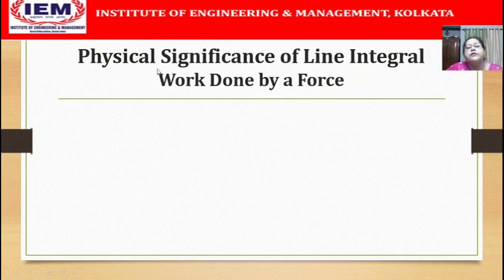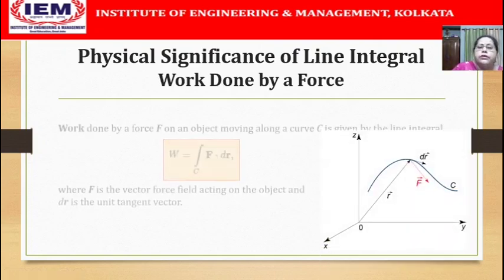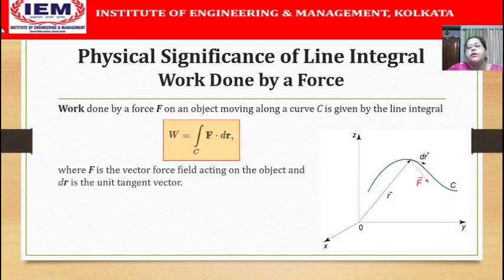Next, we see another very important fact, the physical significance of the line integral: work done by a force. Now we know from our knowledge of physics that work done by a force in moving from one point to another point is nothing but force into displacement.